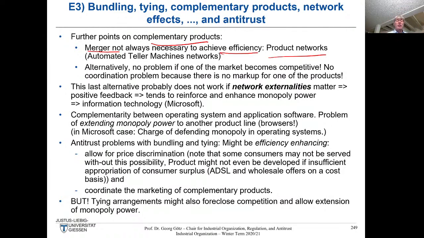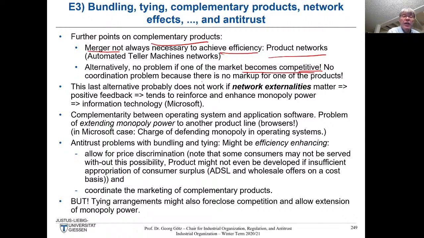This is a huge discussion in merger cases where these synergies are merger specific. What is clear, you don't have a problem if one of the markets becomes competitive. That is, if we don't have a margin in one of the markets, because if you don't have a margin, you cannot have a double marginalization problem.